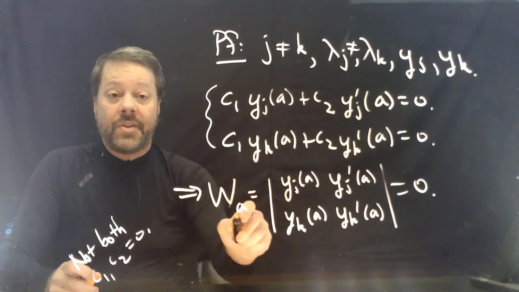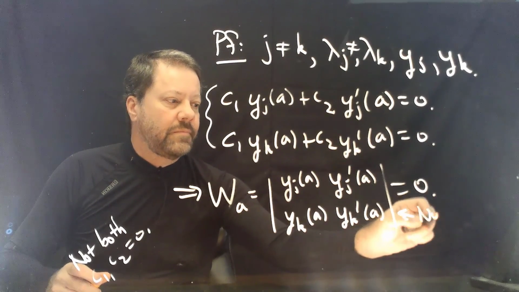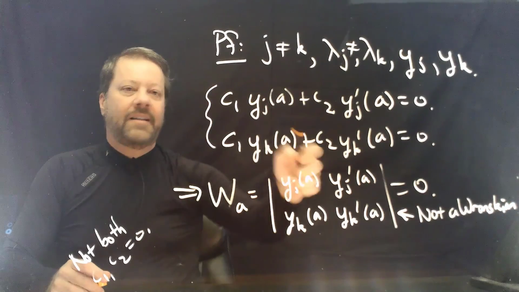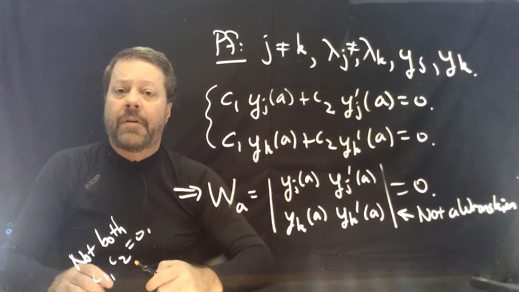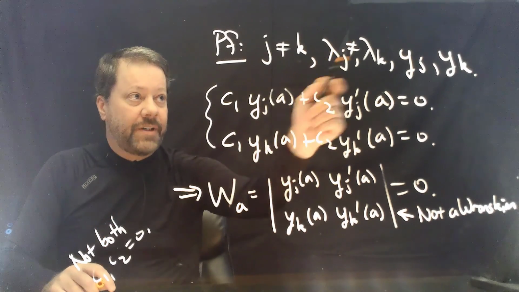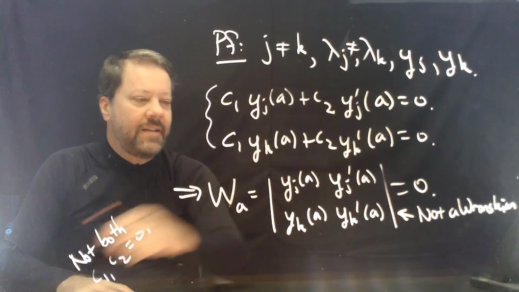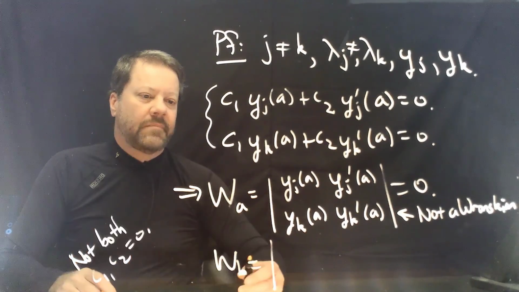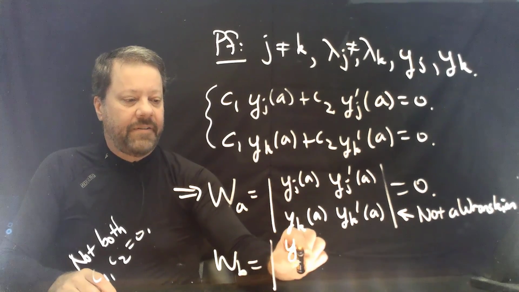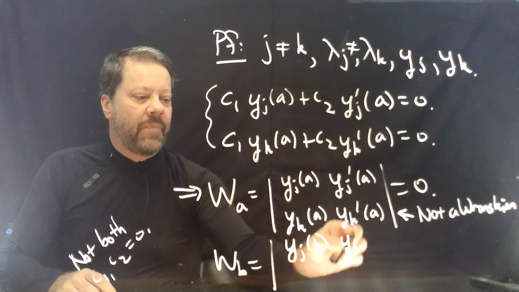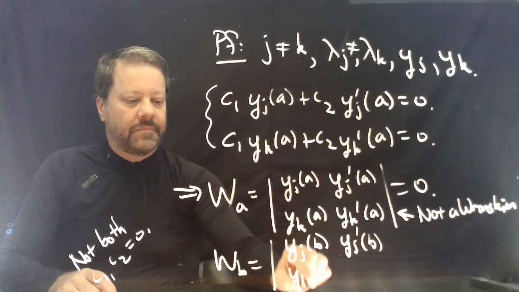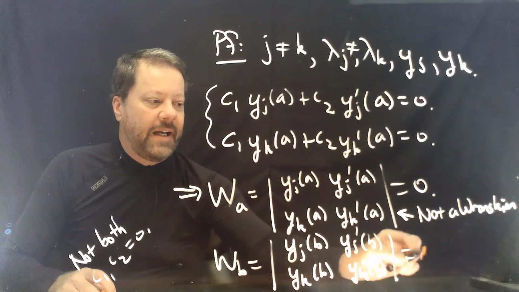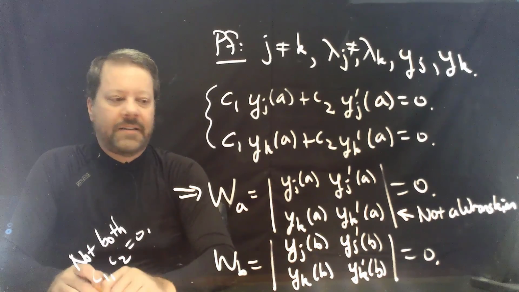Note that this is not really a Wronskian, since yj and yk come from different differential equations for different lambda j and lambda k. But similarly, we also have this other wb. Here we'll have yj of b, yj prime of b, yk of b, yk prime of b, and this must also equal 0 at the other endpoint.